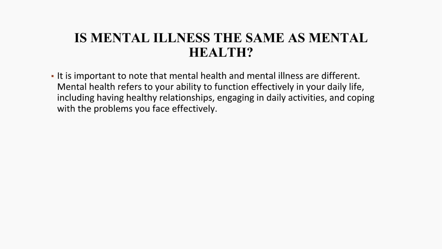So what exactly is mental illness if it is not the other side of the mental health coin? We are going to discuss it now. Mental illness refers to a brain-based condition that alters the way a person thinks.